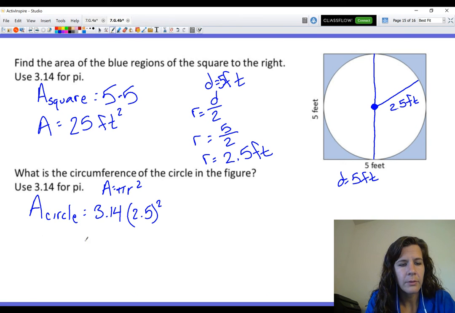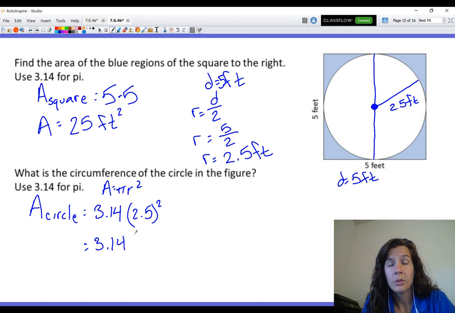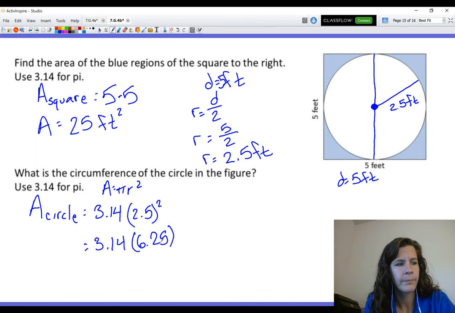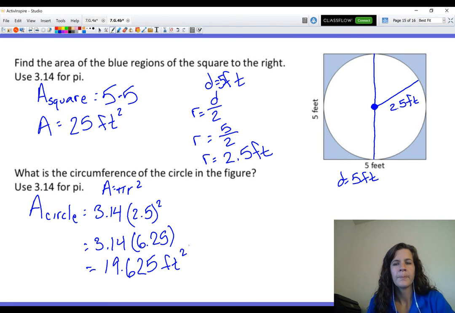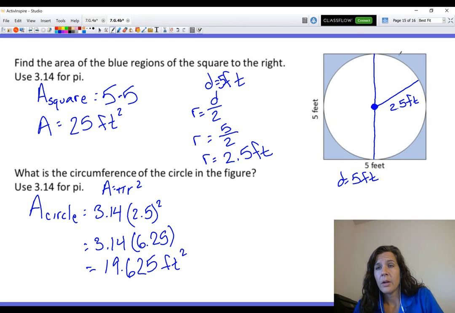So the area of a circle is 3.14 times, and 2.5 times 2.5 is 6.25. Now we can do the multiplication of 3.14 times 6.25, and we get 19.625 feet squared.